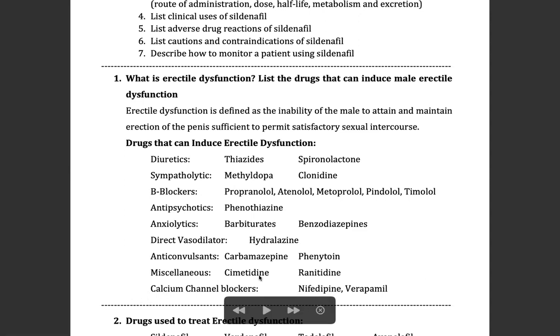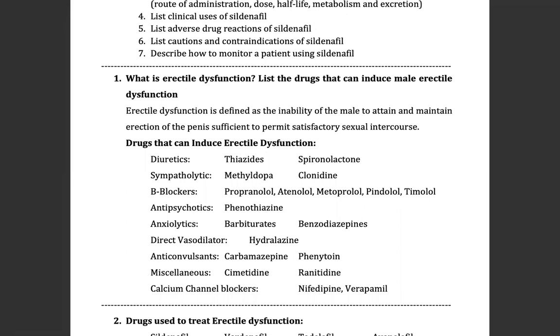And cimetidine and ranitidine, the histamine 2 receptor blockers used in the management of hyperacidity and peptic ulcer, may lead to male erectile dysfunctions.